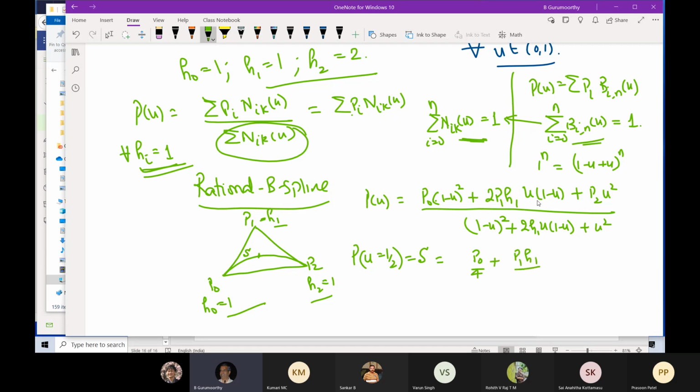I get a half and a half, 1/4, but there is a 2 here, so that becomes a 2, plus P2 by 4, whole divided by, this is half, so 1/4 plus 2 h1 by 4. Okay, let me leave it as 4 right now. And this is 1/4.